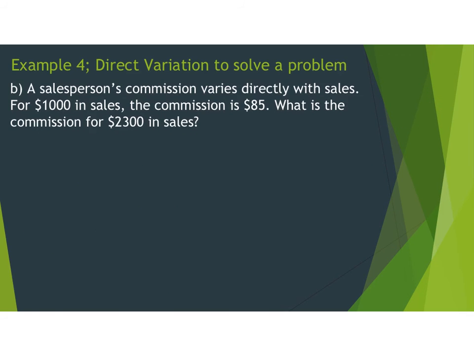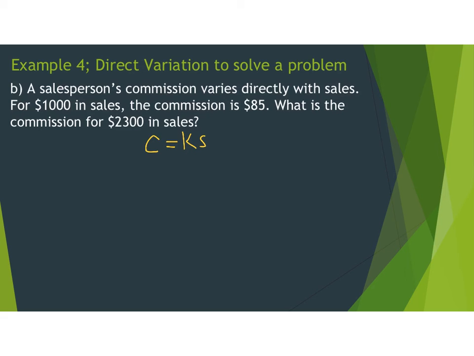This next example, a salesperson's commission varies directly with the sales. For $1,000 in sales, the commission is $85. What is the commission for $2,300 in sales? So the commission varies directly as the sales.